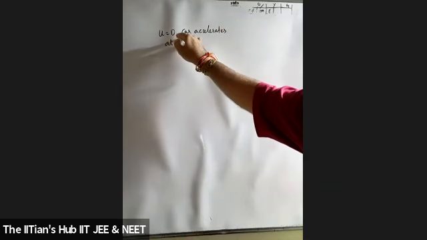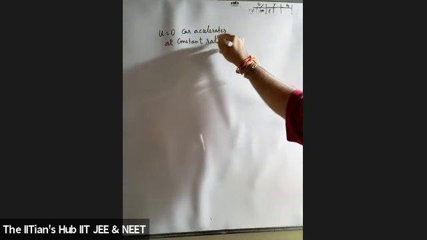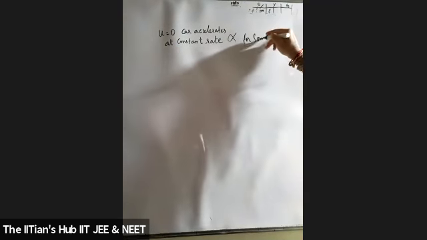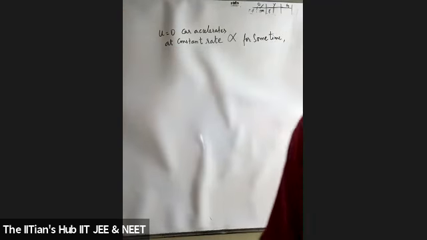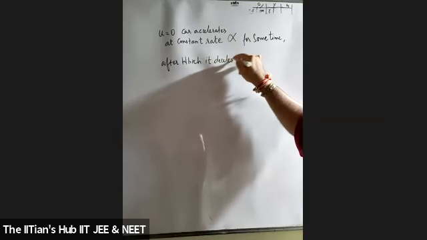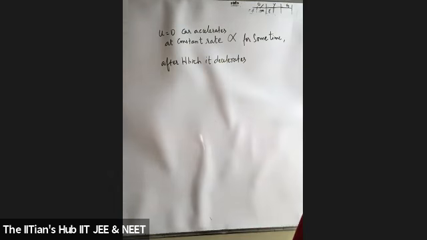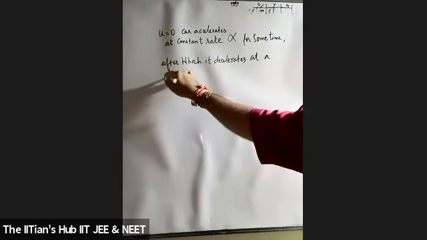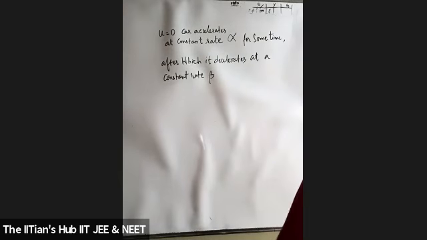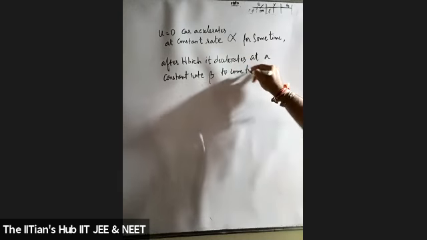A car accelerates from rest at a constant rate alpha for some time, after which it decelerates at a constant rate beta to come to rest.